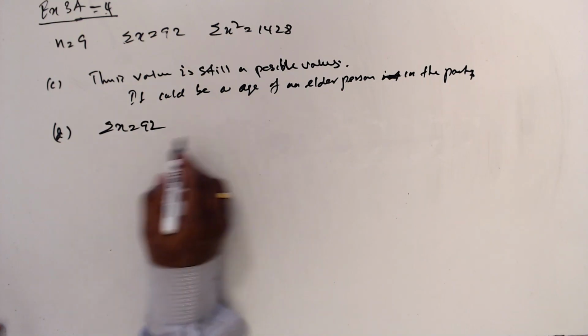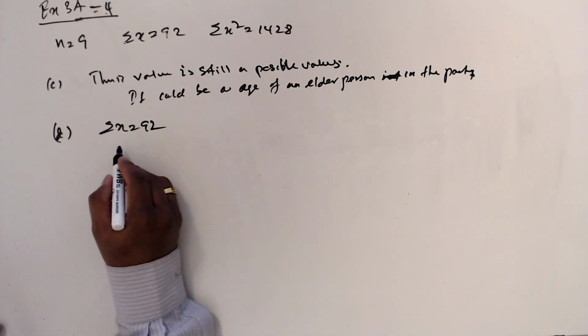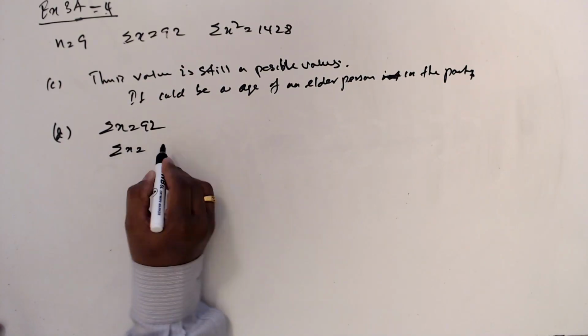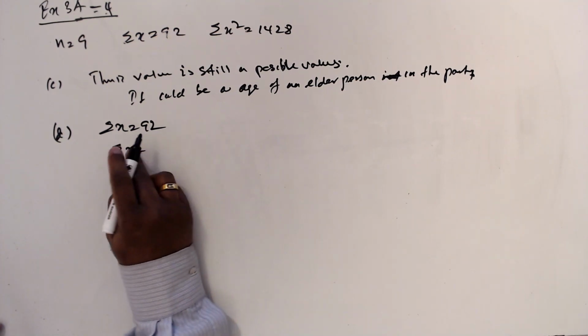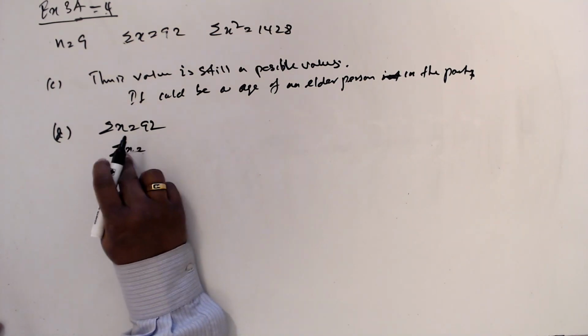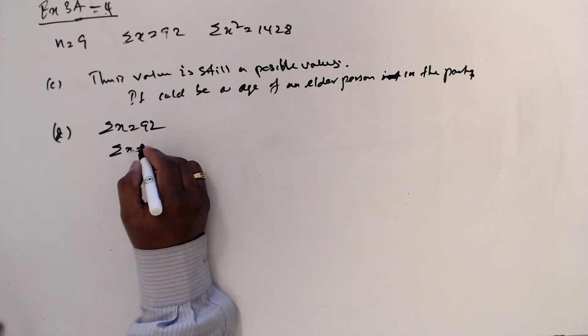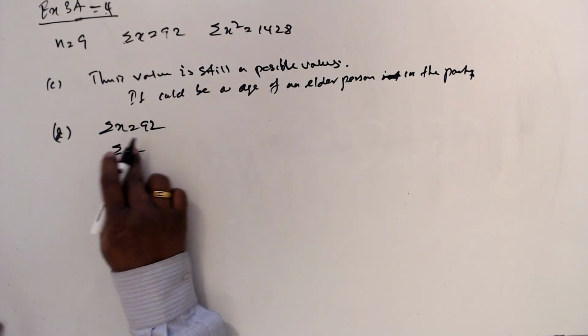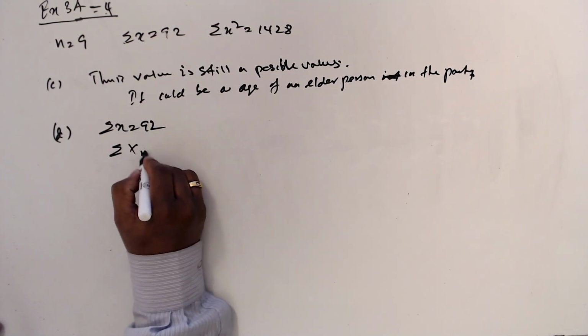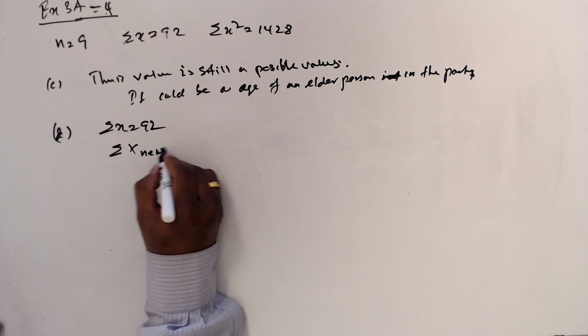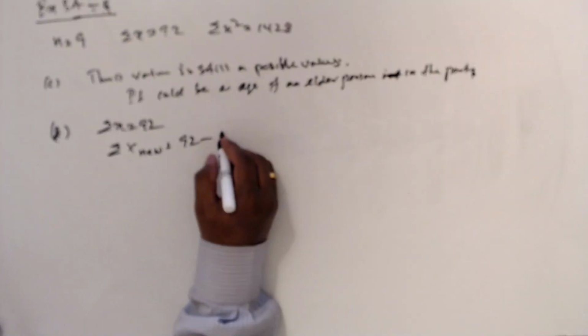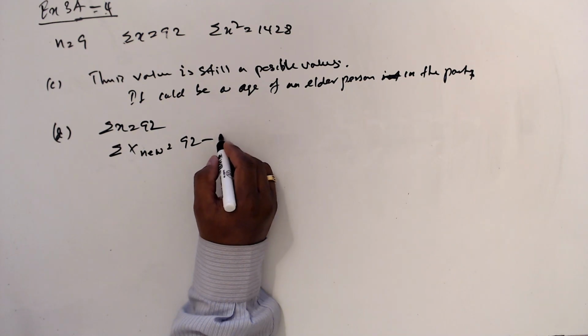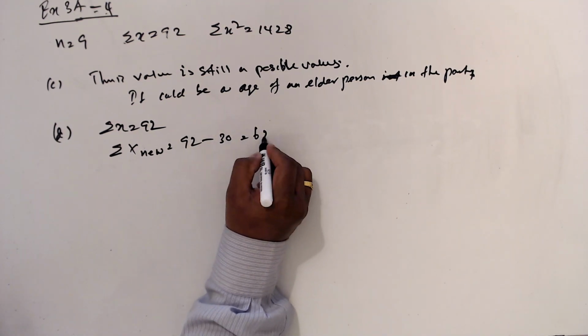Then the new summation x is 92 minus 30, 62.